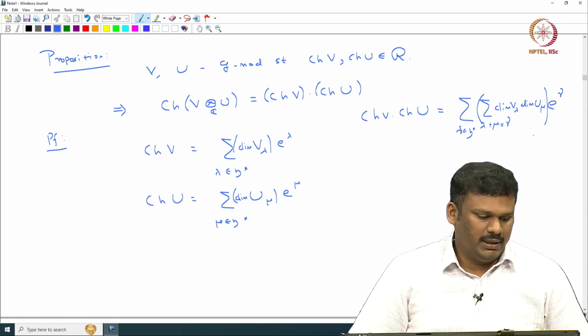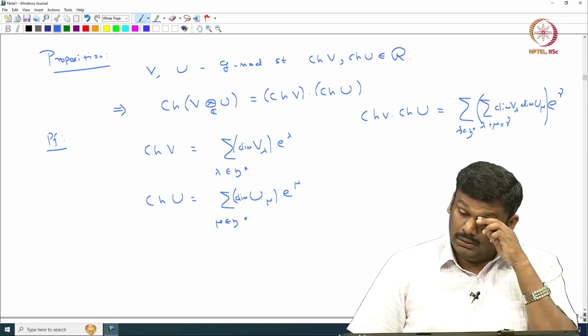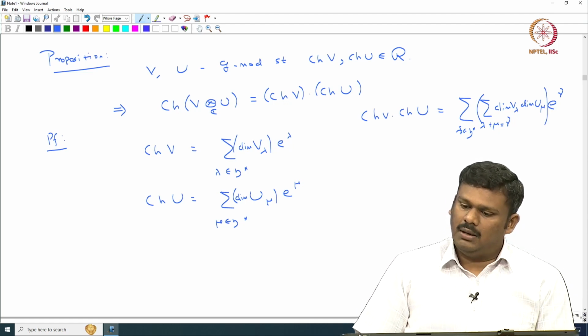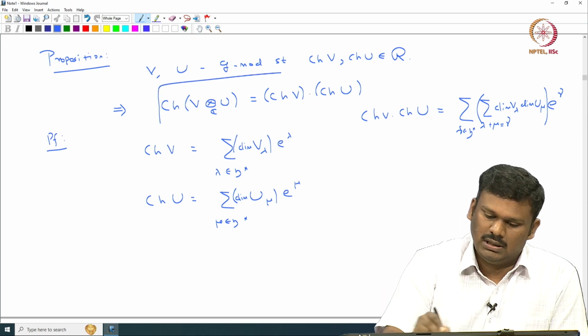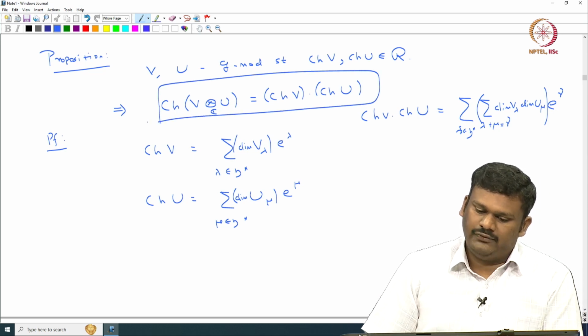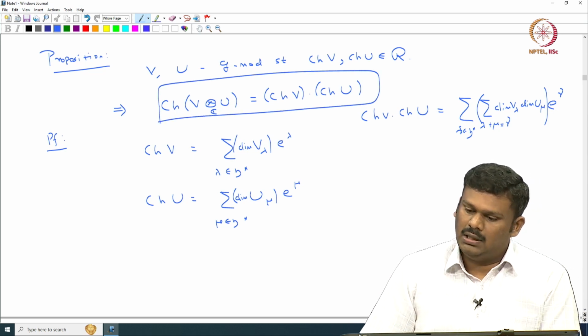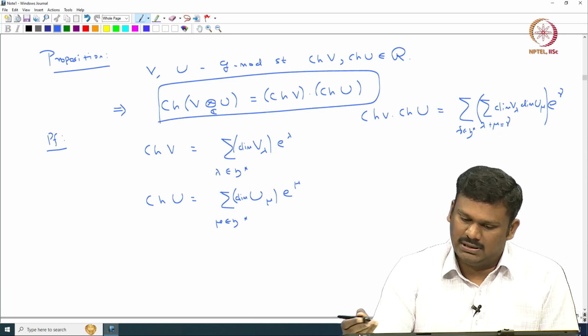So, this is the coefficient of e to the power gamma inside the product of the characters. If you want to prove this is indeed true, it is enough to prove that if you look at the gamma weight space, then the numbers match, or the coefficients match, on both sides.